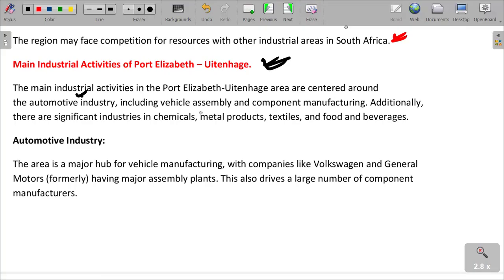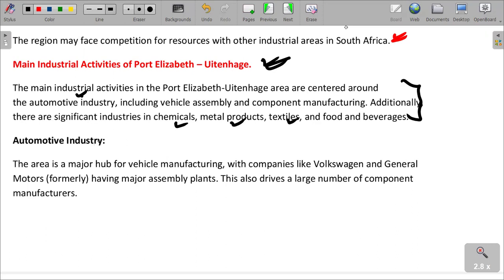So, include vehicle assembly, component manufacturing. Additionally, there are significant industries such as chemicals. We have got metal products, textile, and food and beverages, which are examples of industries running in Port Elizabeth.